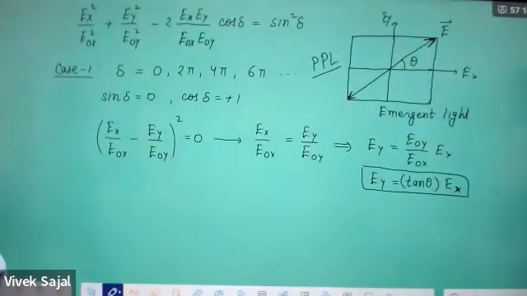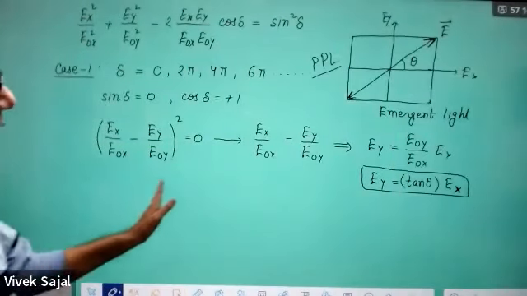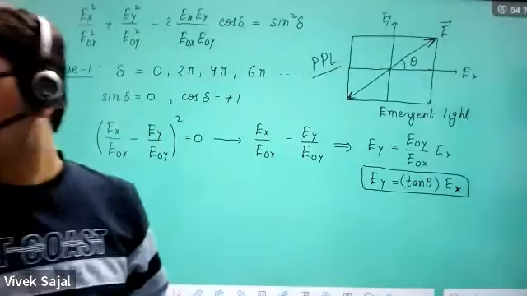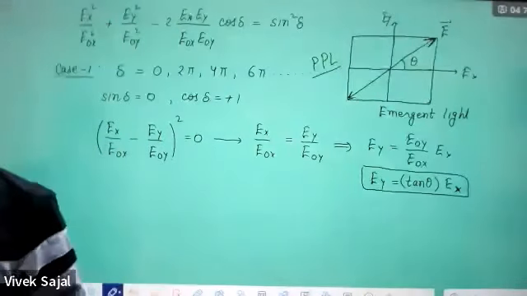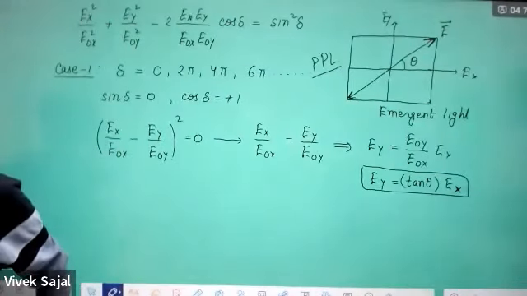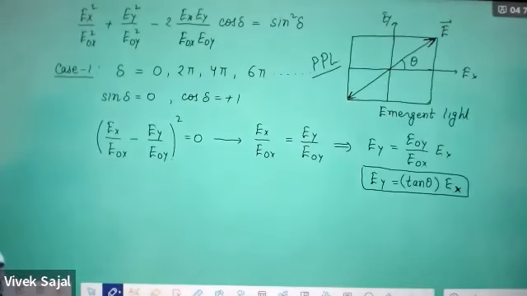So you can write in this case, we will get the same plane polarized light on the emergent side.